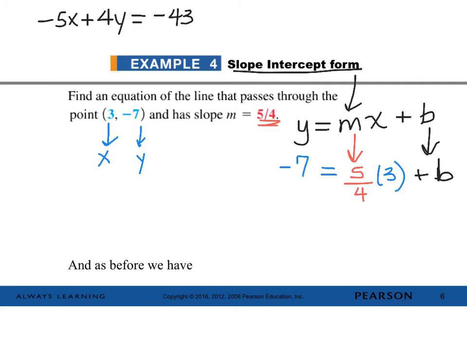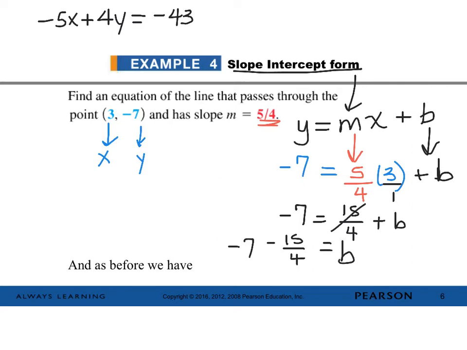So we're going to say that negative 7 is equal to 5/4 times 3, which is 15 over 4, plus b, and then we're going to subtract 15 over 4 from both sides. And of course, when we subtract 15 over 4 from this side, that's basically just going to take that away, and we're going to be left with just b.